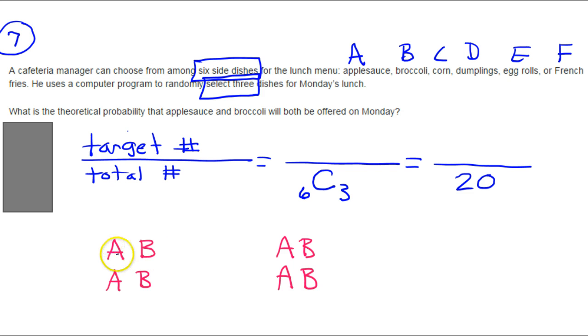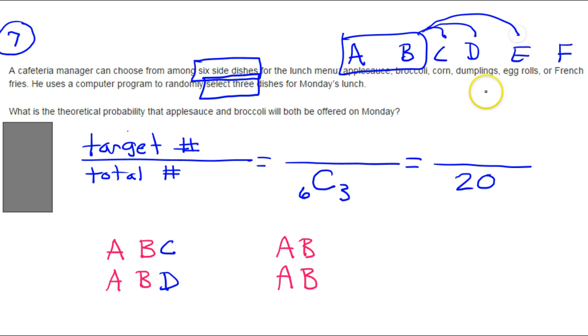So either it's going to be applesauce and broccoli and corn, or applesauce and broccoli and dumplings, or applesauce and broccoli and egg rolls, or applesauce and broccoli and French fries. All right, these are the 4 possible ways of having applesauce and broccoli with whatever the third thing would be. Okay, there are 4 options.